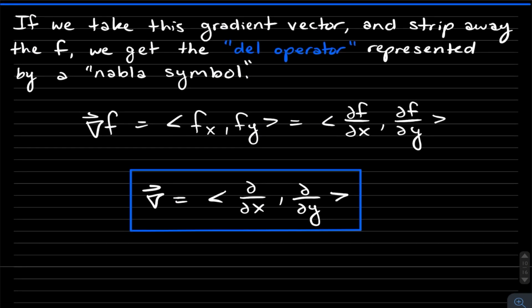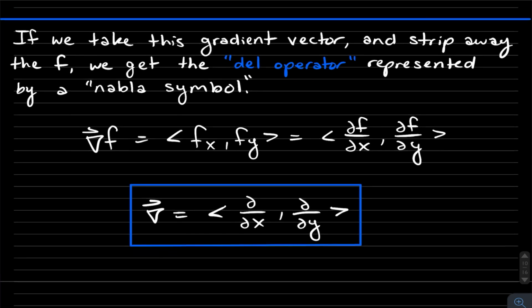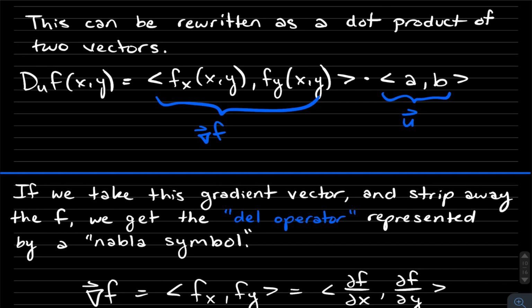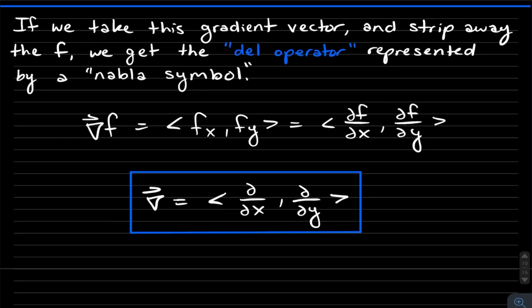So if we take this gradient vector and we strip away the f, so we just take away the thing that this del operator is acting on, we just get this del operator. The del operator is this symbol, represented by a nabla, so I guess this is actually called a nabla.